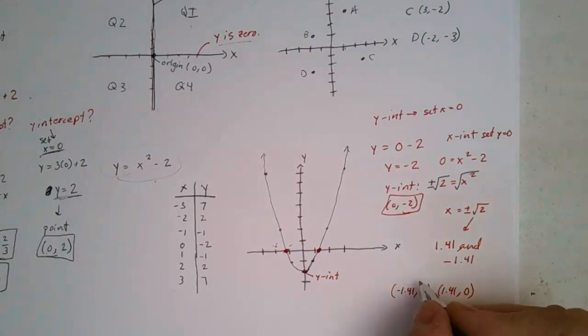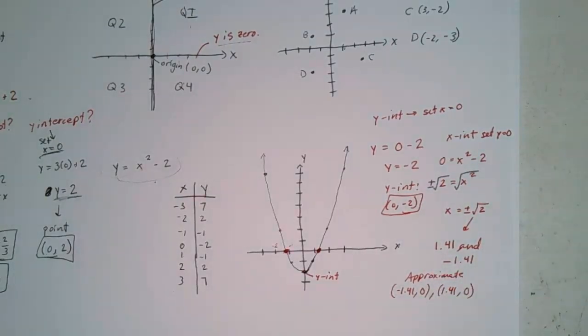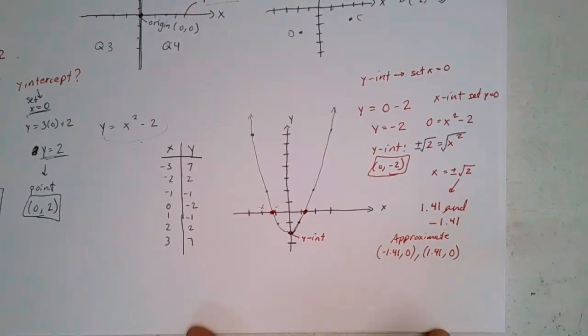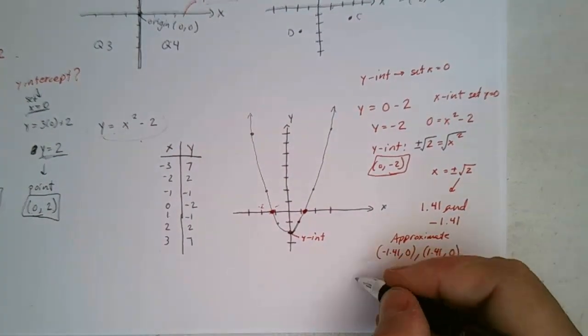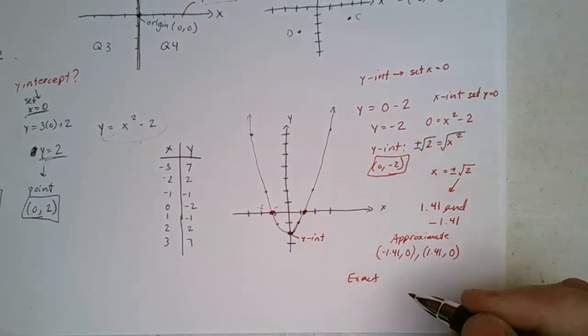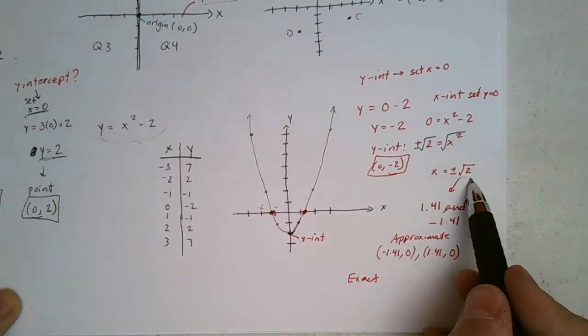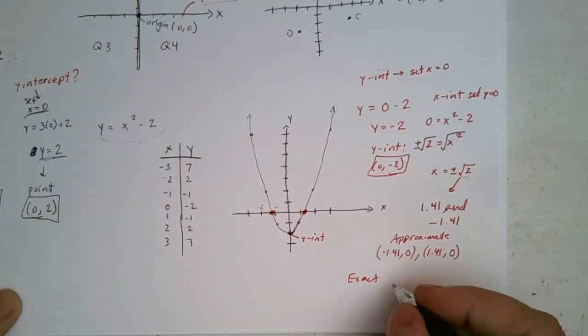Now that is if they ask for an approximate answer. An approximate answer means we want a decimal. If they ask for an exact answer, we would actually use this notation here, and it would look like this.